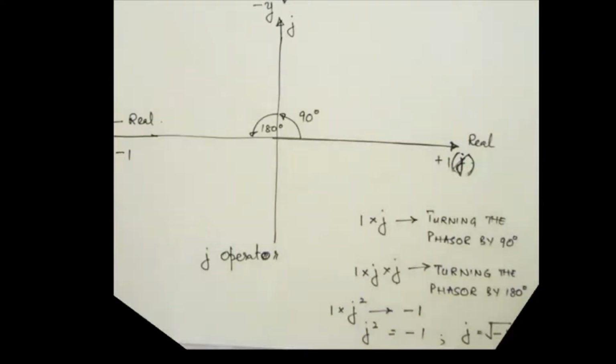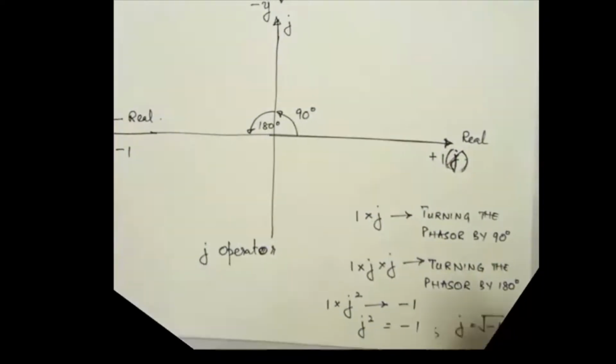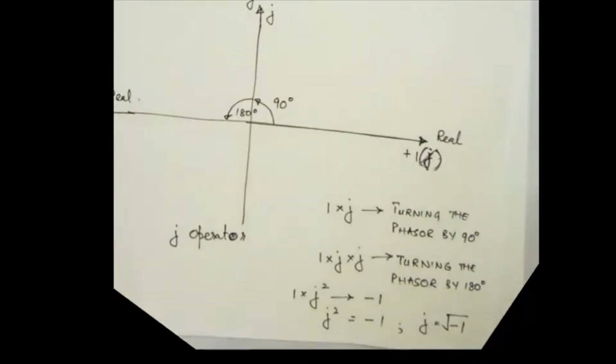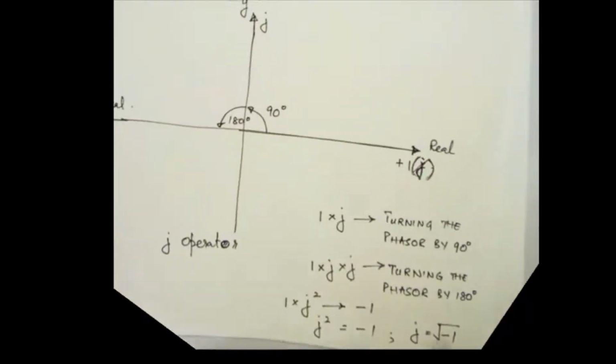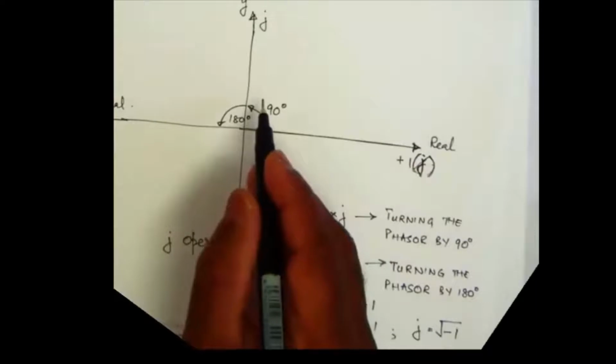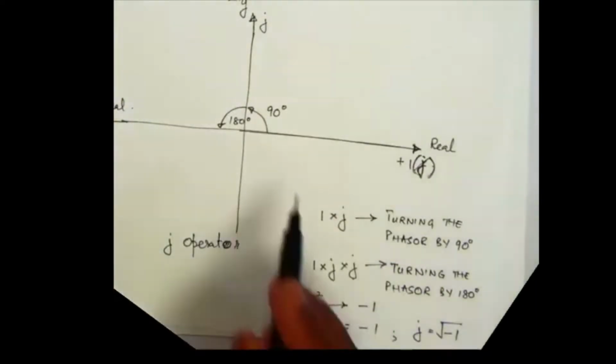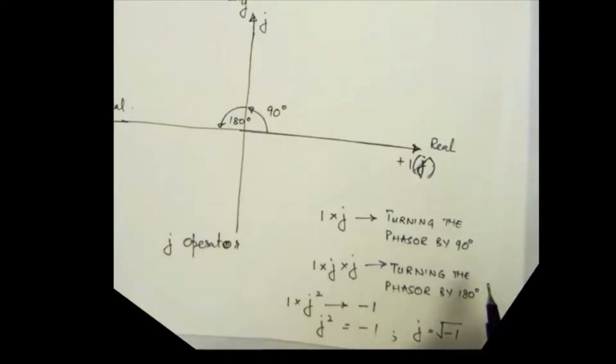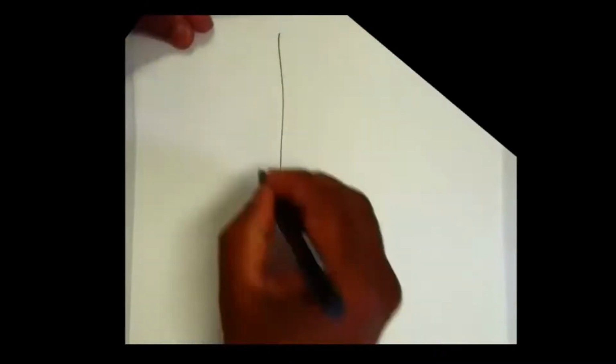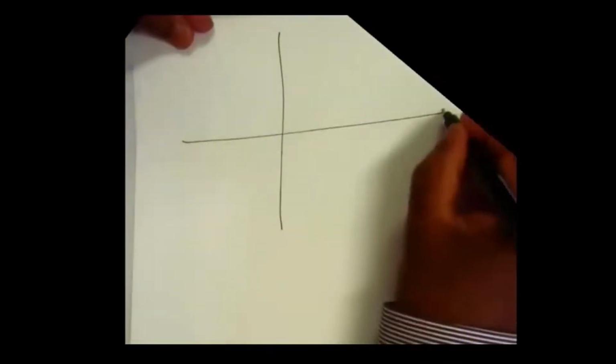So this is where we are trying to get, at the same time showing the representation of complex numbers within this Argand diagram.